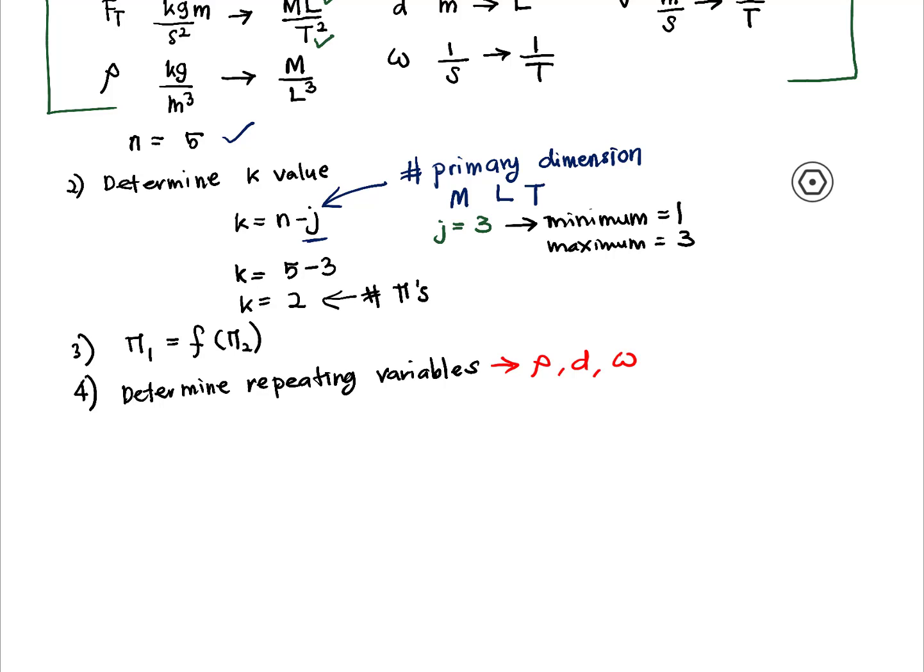But what if we are not introduced to these repeating variables? How can we choose repeating variables? There is a guideline for choosing repeating parameters.